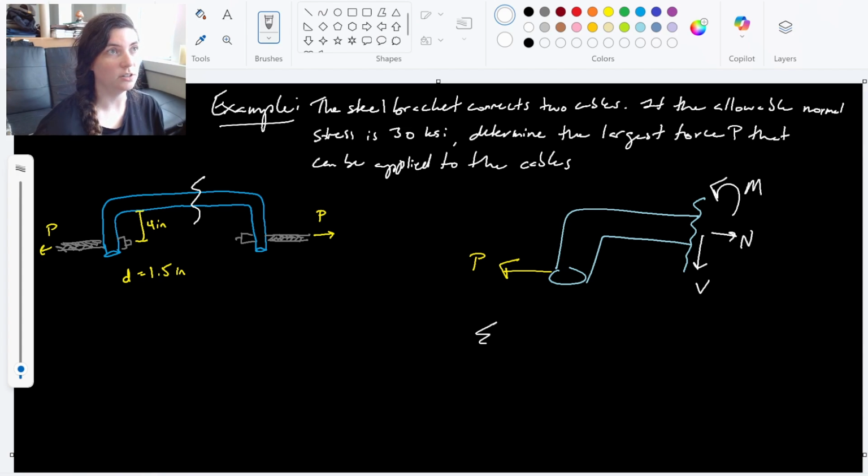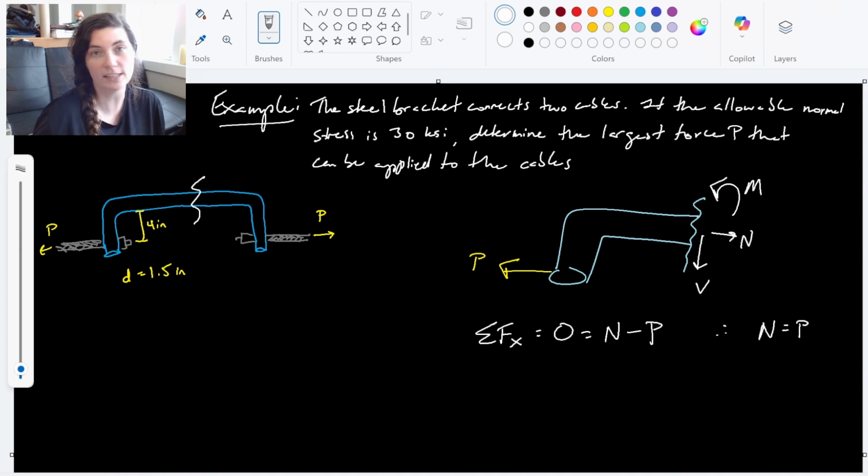So sum of x components equals 0, and we've got just two things in the x direction: N in the positive x direction minus P in the negative x direction. Therefore, N equals P. Easy enough. That's our first static equation.